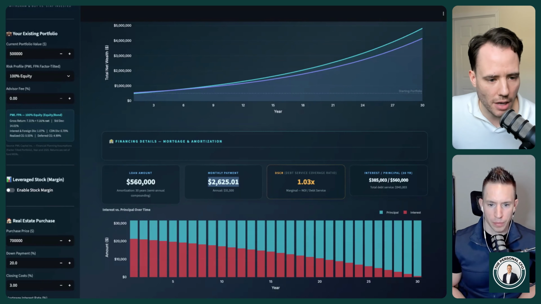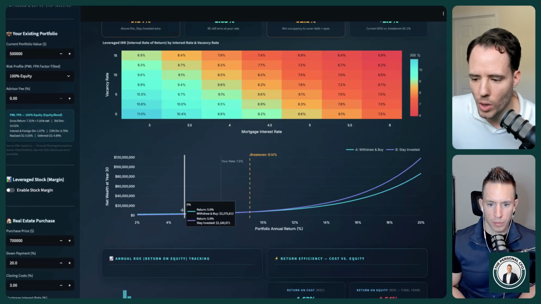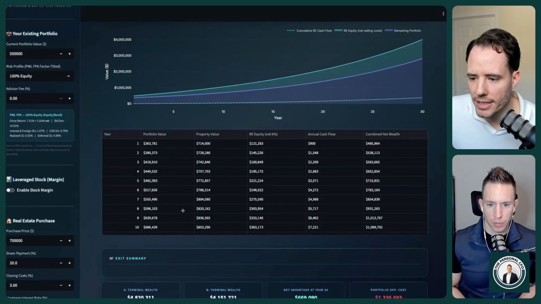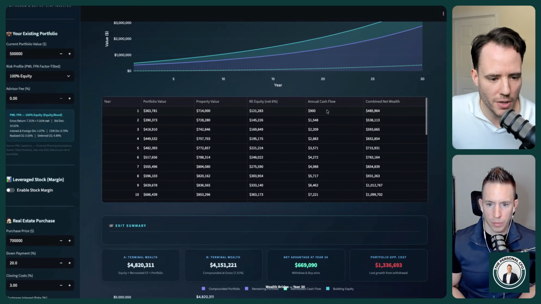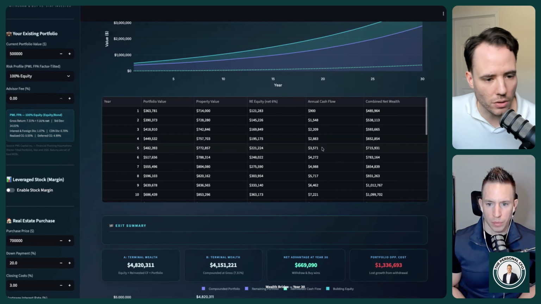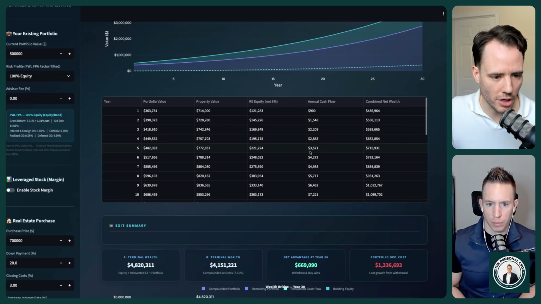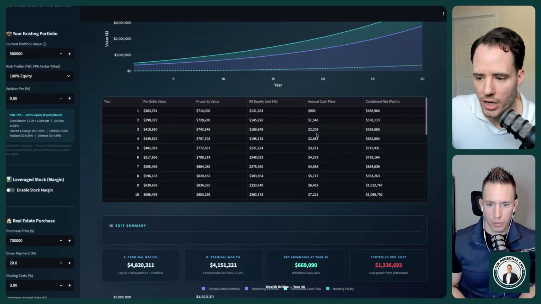And then when we add in other costs like potential vacancy rates, operating expenses, and things like that, what that means is in year one, if we scroll back down here, your actual net free cash flow will be about $900, and that will increase over time as your rental income increases due to the 2% increase that you're charging in rental income. So if you're increasing your rent 2% every year, this will start to increase over time.